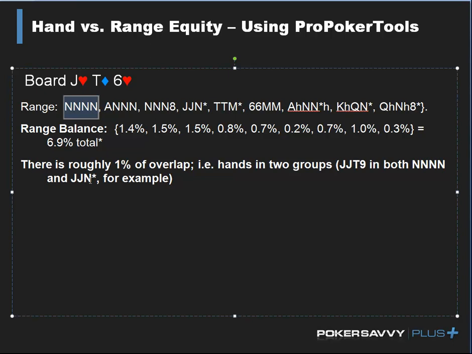Hands like King Queen Jack, over pair plus open ender plus one pair, are all included in this group. And one of the key factors in terms of balancing the range correctly is that just about all of those hands are in people's pre-flop ranges.